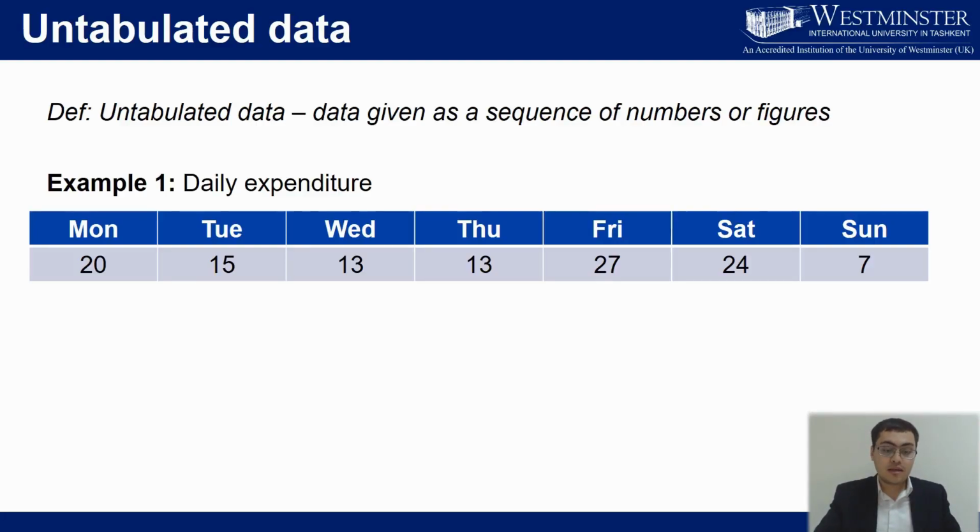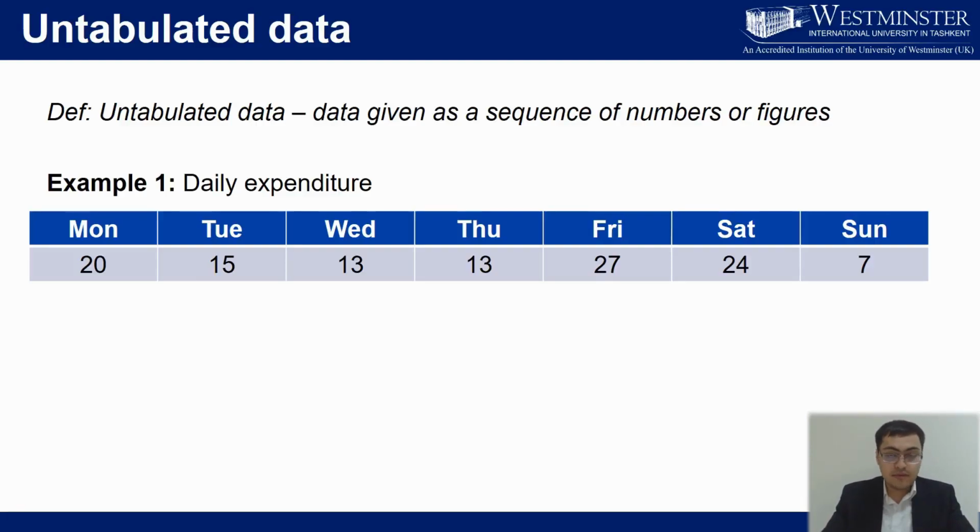So the question that the measure of location is trying to answer is: what is the average daily expenditure of this person? If we look at these numbers, we can't just select any one of them and say that is the average expenditure that this person is incurring in a day. For example, let's look at the last number, 7.